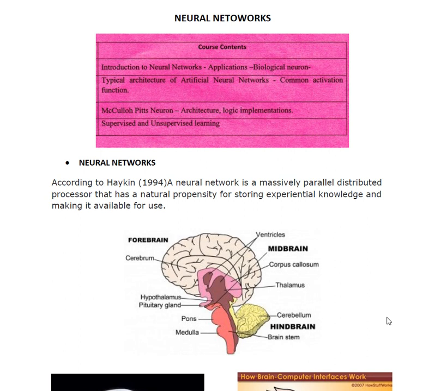According to Haykin, in the year 1994, a neural network is a massively parallel distributed processor that has a natural propensity for storing experiential knowledge and making it available for use. So this was stated by Haykin.